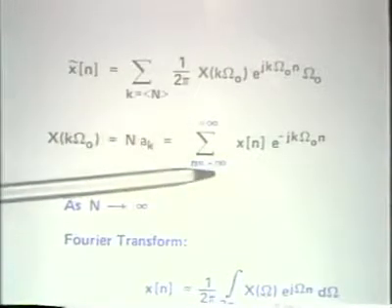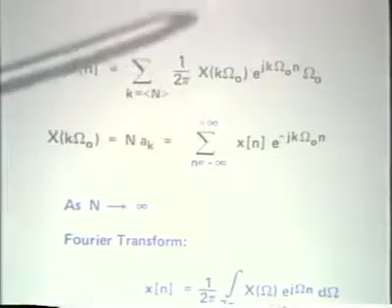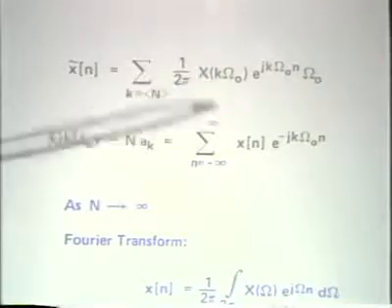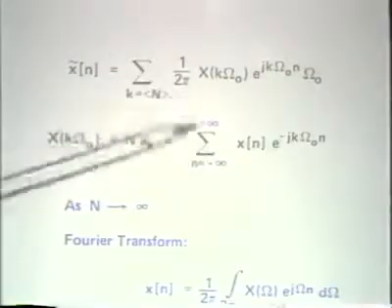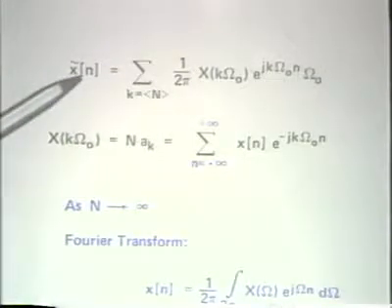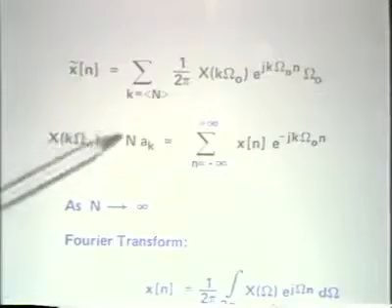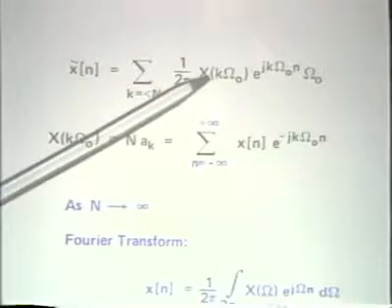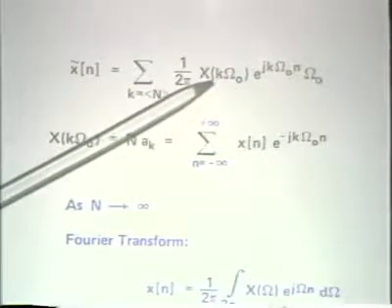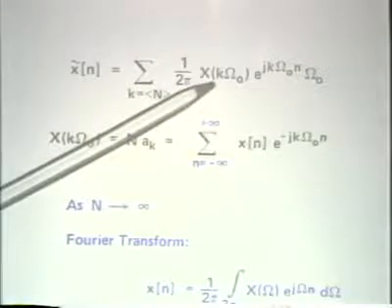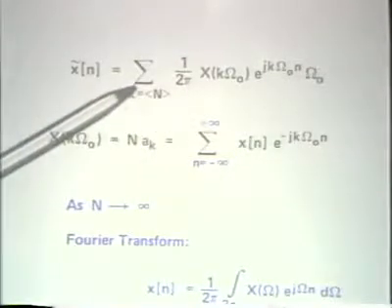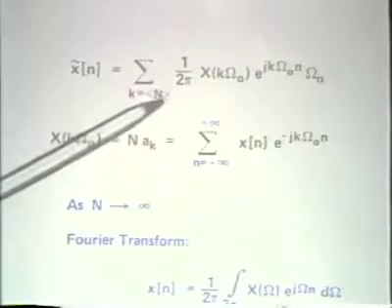And what we would want to examine mathematically is what happens to the top equation as we let the period go off to infinity. And what happens is exactly identical mathematically to continuous time. I won't belabor the details. Essentially, it's this sum that goes to an integral.